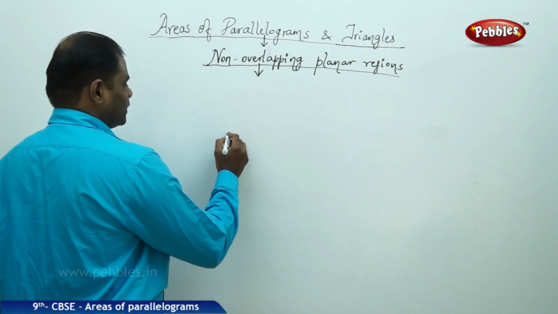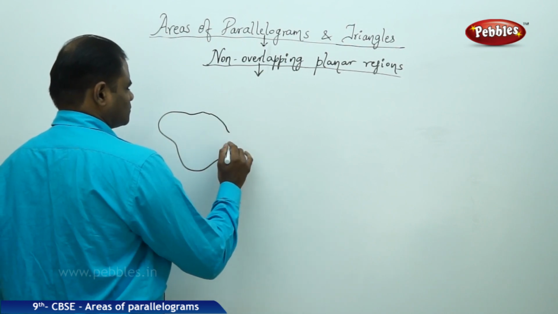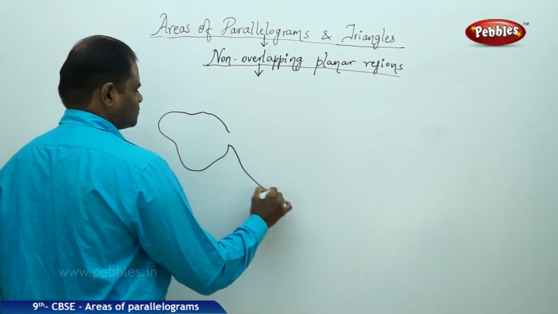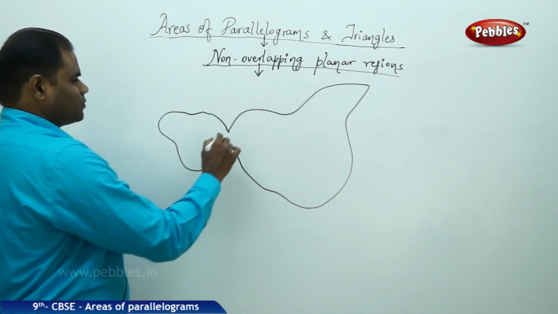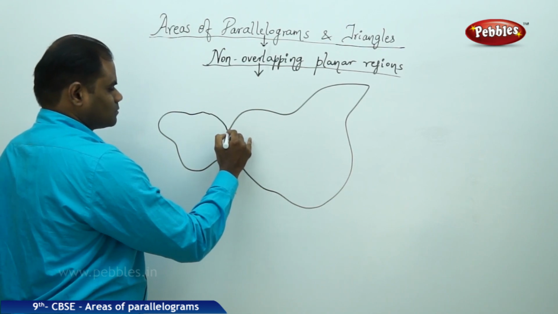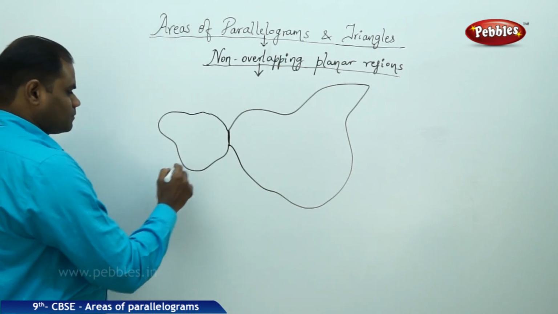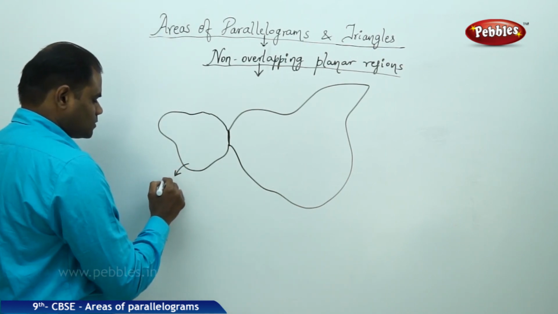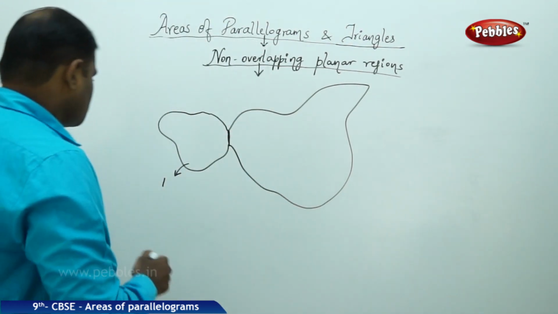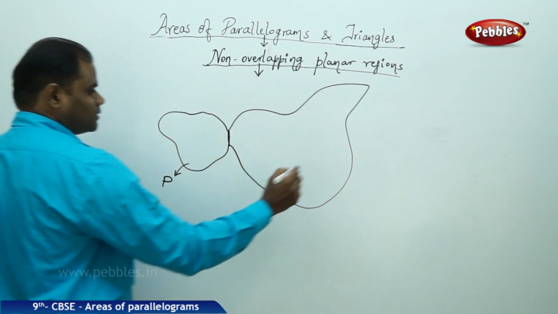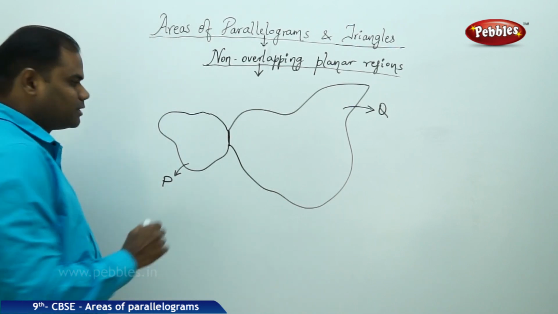For example, I have these two regions which are separated here. This is region A, which I denote with, say, P, and this is region B, or region Q. So I have two regions here.